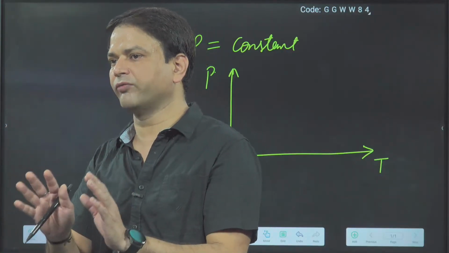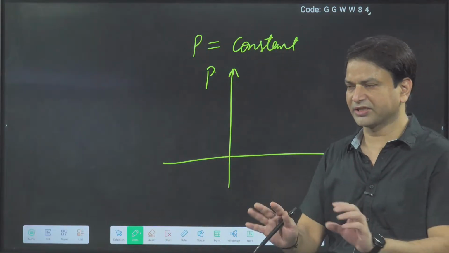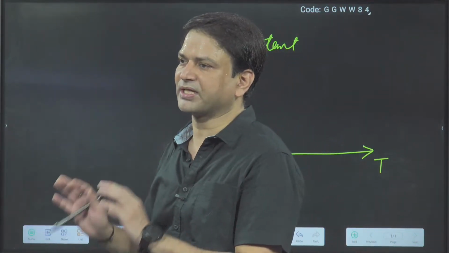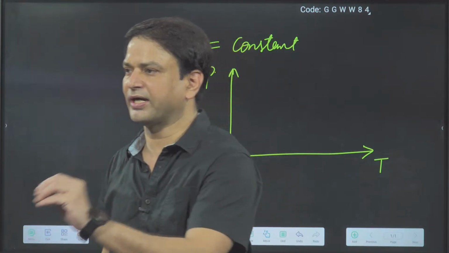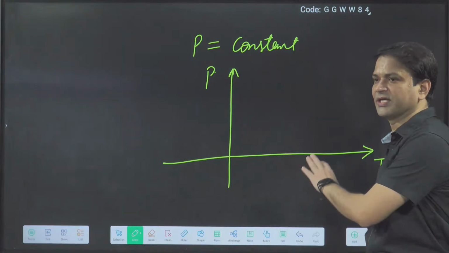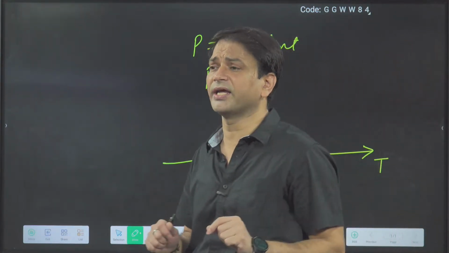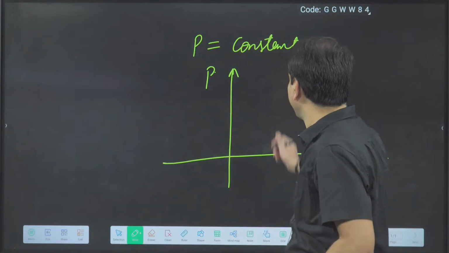When we are changing the temperature, the pressure is constant. Who will say what will be the graph? I have given pressure is equal to constant, pressure plotted on the y-axis, temperature on the x-axis. What is the graph between pressure and temperature? On the basis of what I said yesterday, pressure on the y-axis, so P I can replace by y.